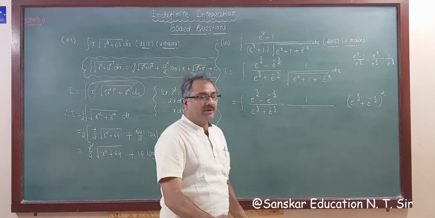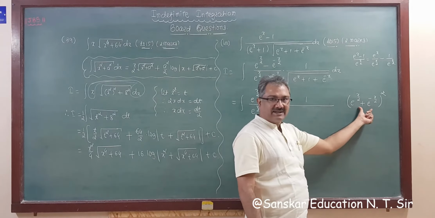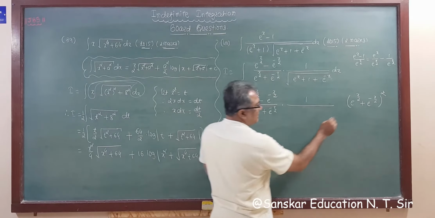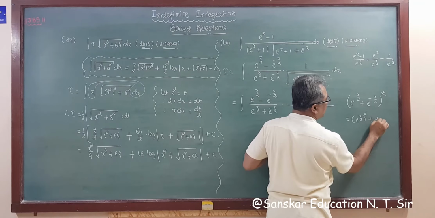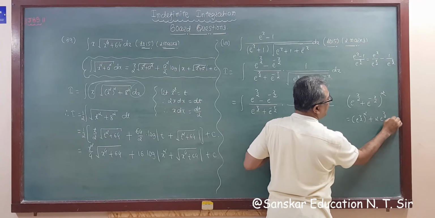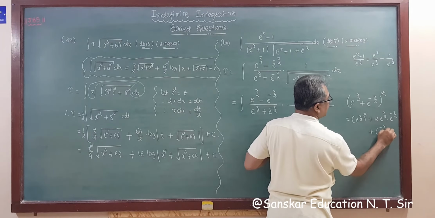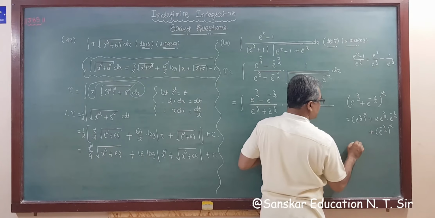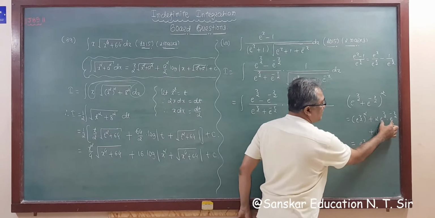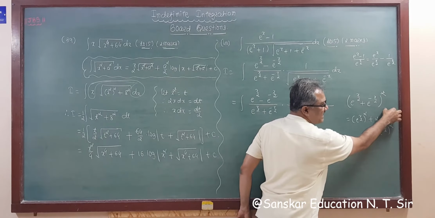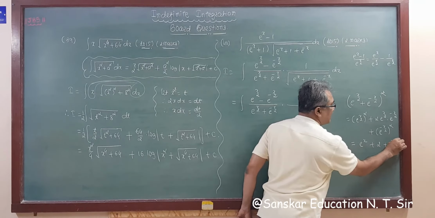If we square this, we get e raised to x by 2 whole square plus 2 times e raised to x by 2 into e raised to minus x by 2, plus e raised to minus x by 2 whole square. So the 2 will be cut, and we get e raised to x. Now the base is the same, so the sum of the powers is 0. So 2 times e raised to 0, that is 2, and plus e raised to minus x.